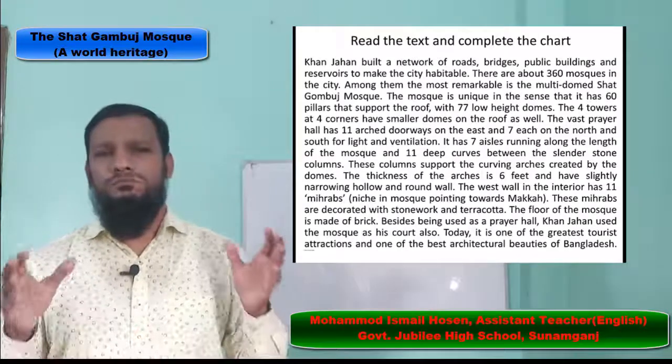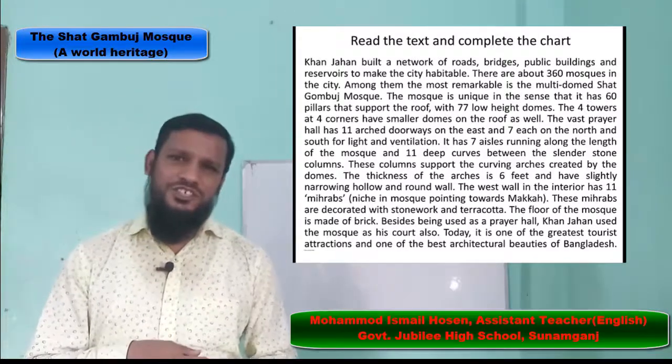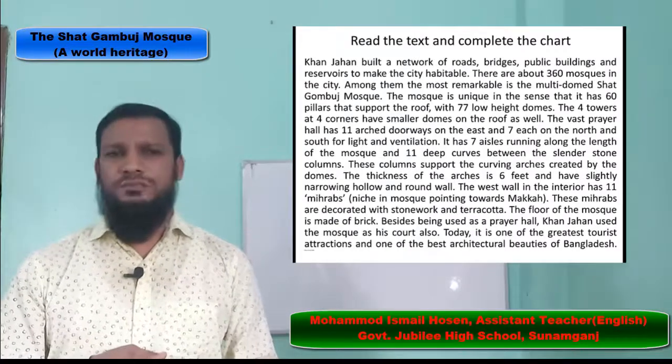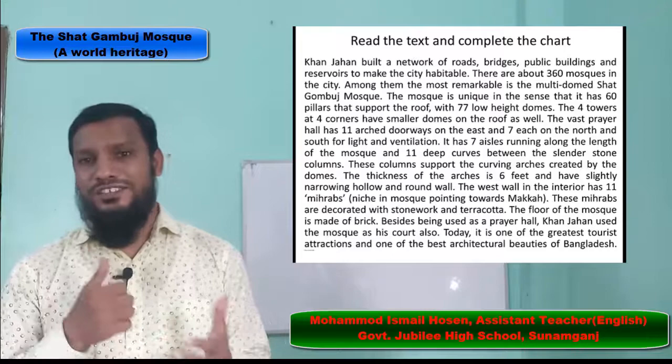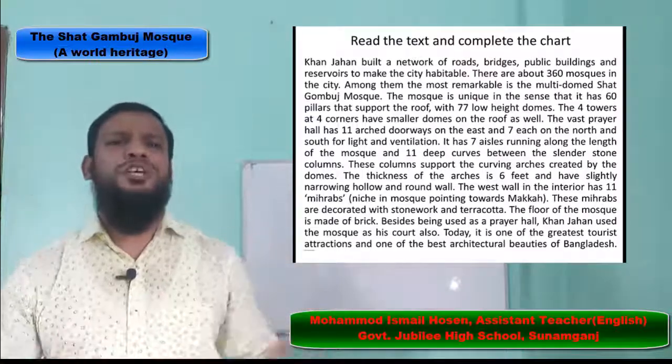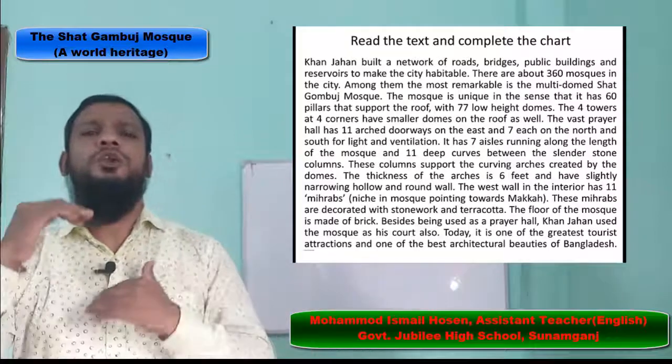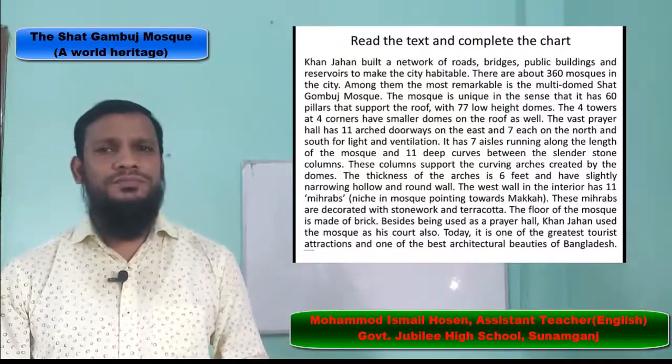Among them, most remarkable is the multi-dome Shat Gambuj Mosque. The mosque is unique in the sense that it has 60 pillars that support the roof with 77 low and high domes.